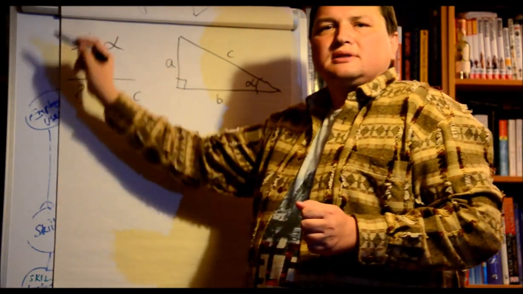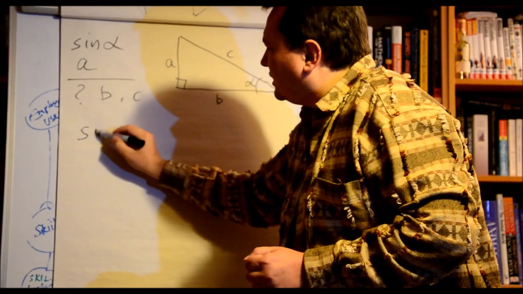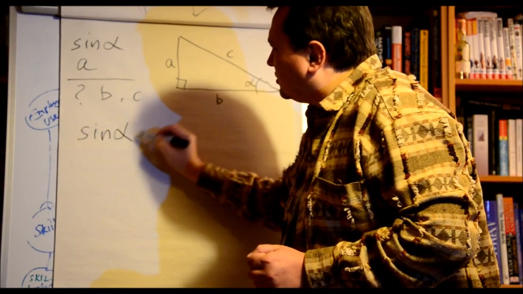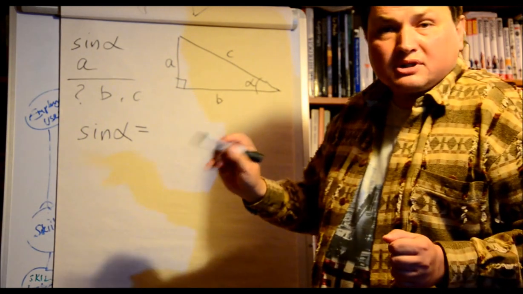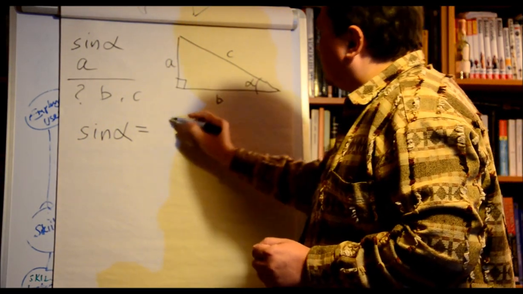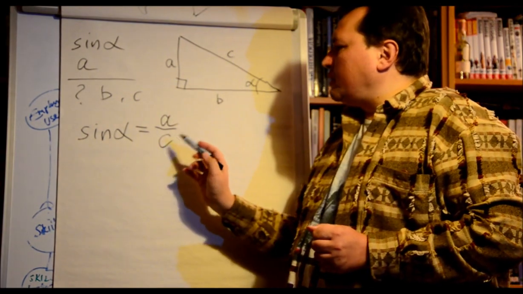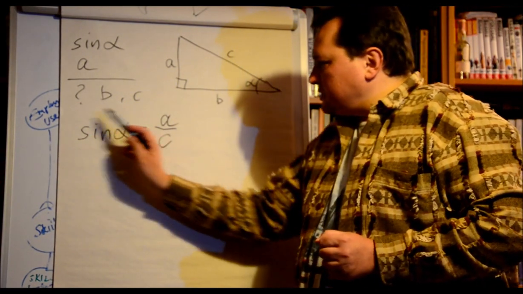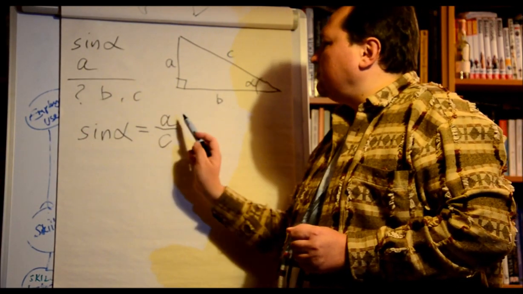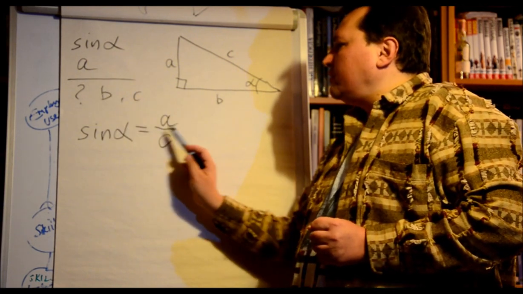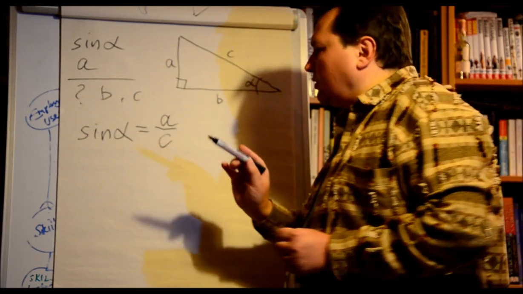If we know sine alpha, then let's try to use the formula for sine alpha, which is A divided by C. And here it is quite easy to notice that there is a sine alpha here, which we know, there is A, which we know, and there is C, which we are looking for.